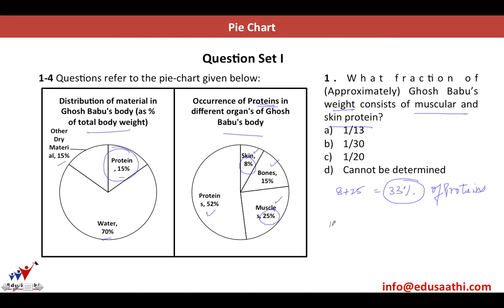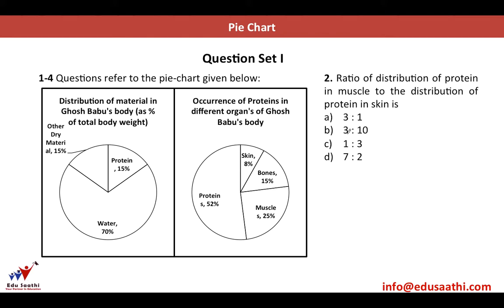So my final answer is going to be 15% of 33%. I can consider this 33% as 1 by 3. So my answer is 15 by 100 into 1 by 3, which, if you cancel out, this goes by 5 and this goes by 20. So the correct answer option is 1 by 20, the C part here.